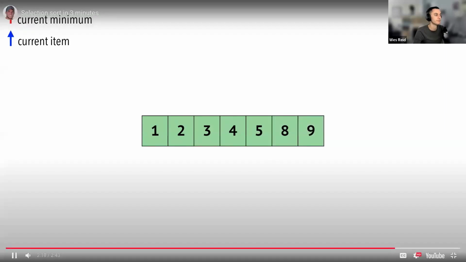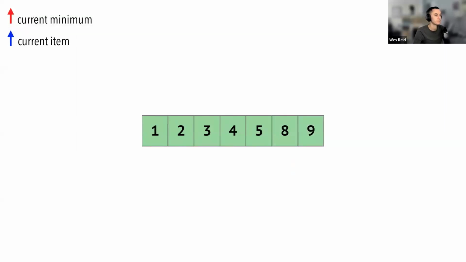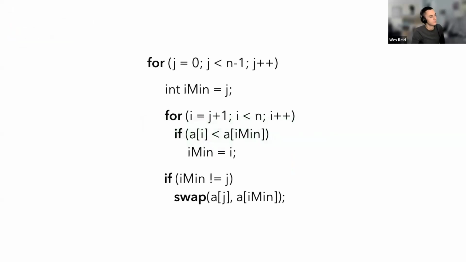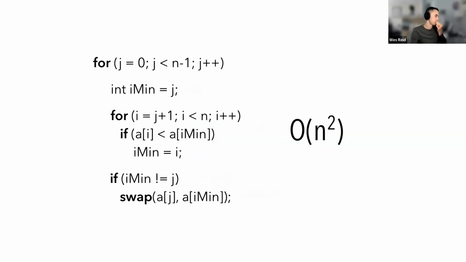With each iteration, you select the smallest item that hasn't yet been sorted. Here's the pseudocode for selection sort. As you can tell from the code and the nested for loop, selection sort has a time complexity of big O of n squared, where n is the size of the array.